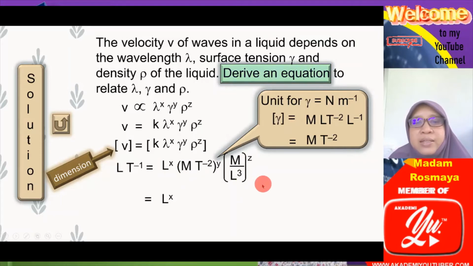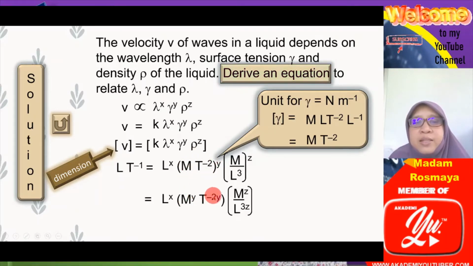So here x for length here is 3 times z. So means M to the power of z, L is to the power of 3z. This one remains the same. Okay, this one also we expand. Here means 1 times y, M to the power of y, T to the power of negative 2y. Okay, we use mathematics rule to expand the bracket here.